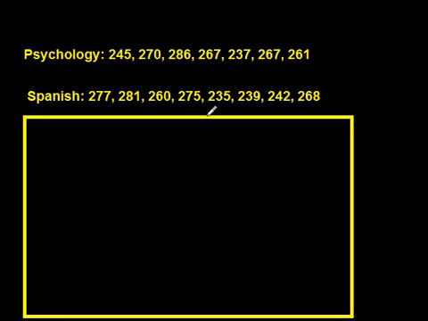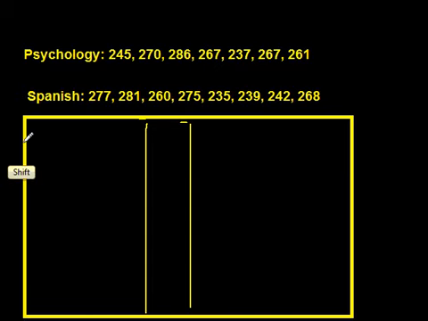Now, the way we're going to do this is, you know how we were doing 2 columns with our other stem and leaf plot? I'm going to do 3 columns. All right.